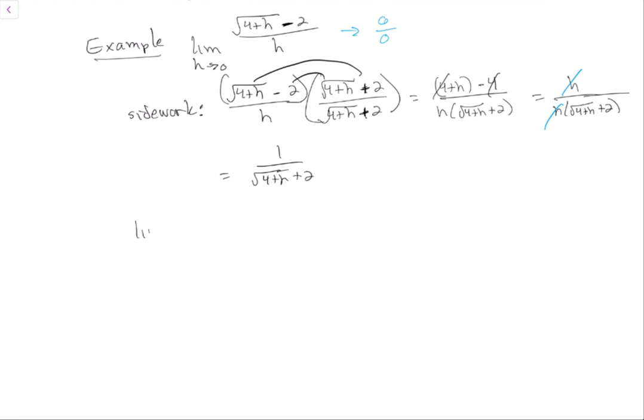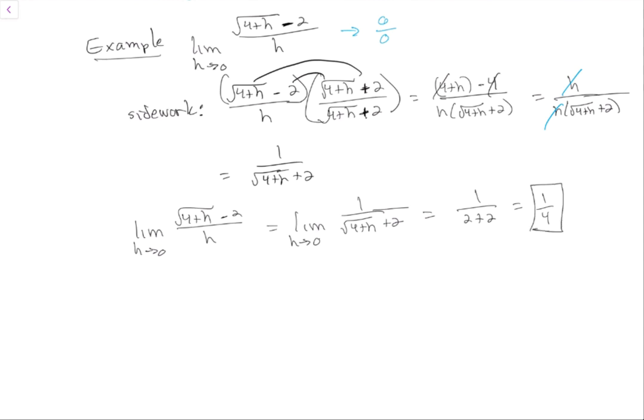So in a little bit more of a formal manner, we have the square root of 4 plus h minus 2 all over h. There's my original problem. That's going to equal the limit of our simplified expression that we just ended up with. So now if I direct substitute into this, I'm going to get 1 over the square root of 4 plus 0. The square root of 4 is 2, plus 2, and I get 1/4 out of that expression.